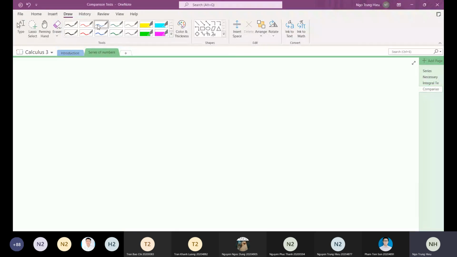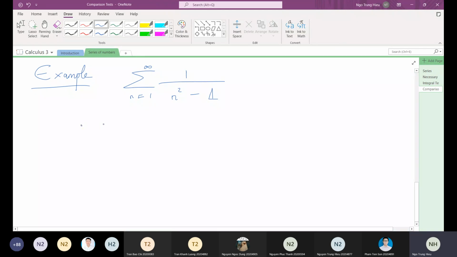So as before, but now we have the series 1 over n squared minus 1. Before we had plus, now we have minus. If we use the first comparison test, then 1 over n squared minus 1 is greater than 1 over n squared. The sum of 1 over n squared converges.